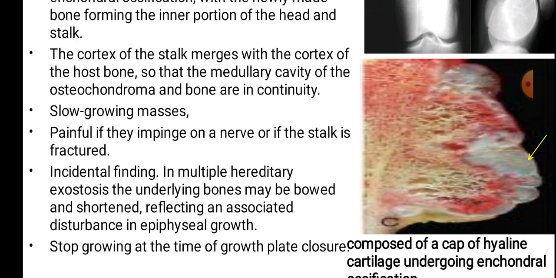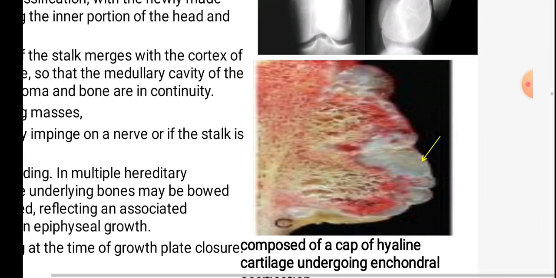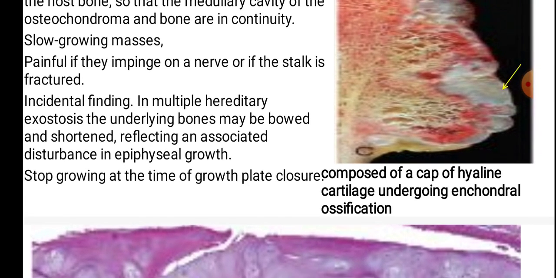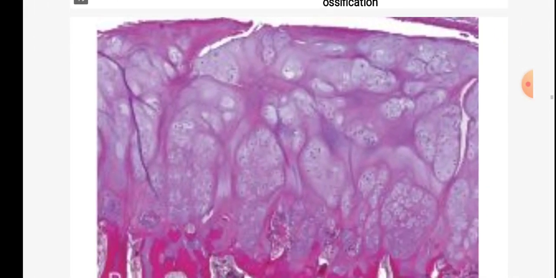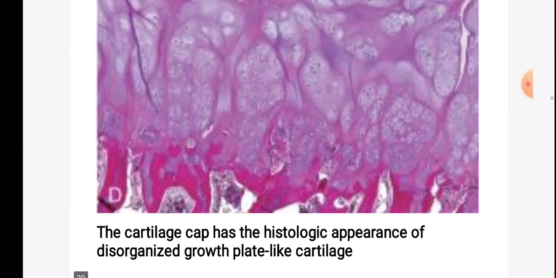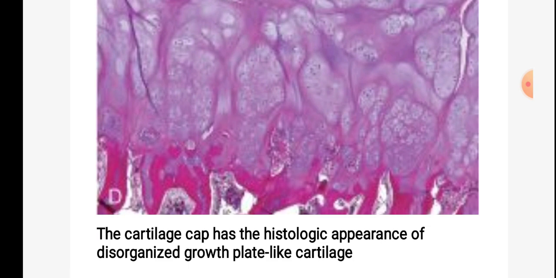So usually this is an incidental finding in multiple hereditary exostosis. The underlying bones may be bowed and shortened. They stop growing at the time of growth plate closure. Composed of a cap of hyaline cartilage undergoing enchondral ossification. The cartilage cap has the histologic appearance of disorganized growth plate-like cartilage.